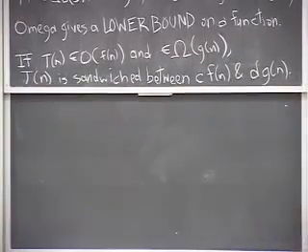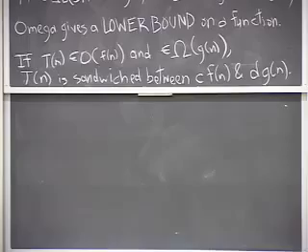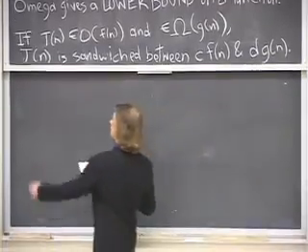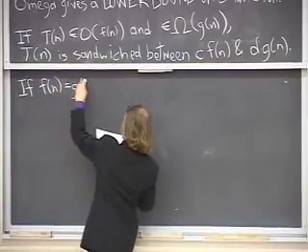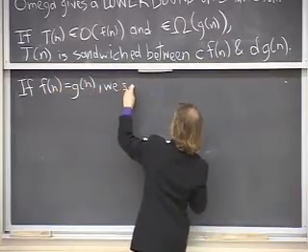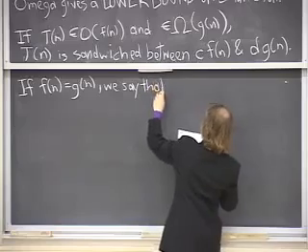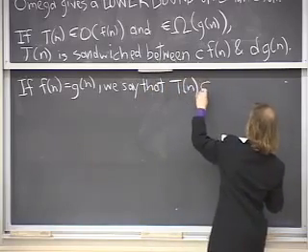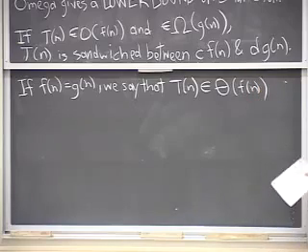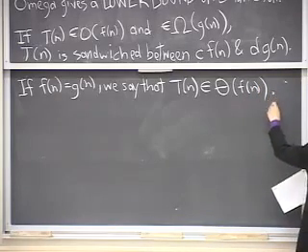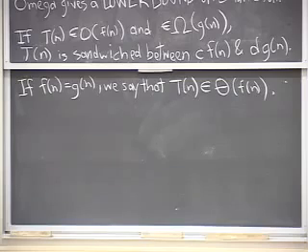And if f of n and g of n happen to be the same thing, then we introduce a new notation called big theta. So in other words, for me to say that t of n is in big theta of f of n, I have to have an upper bound and a lower bound proof, and the upper and lower bounds have to match asymptotically.